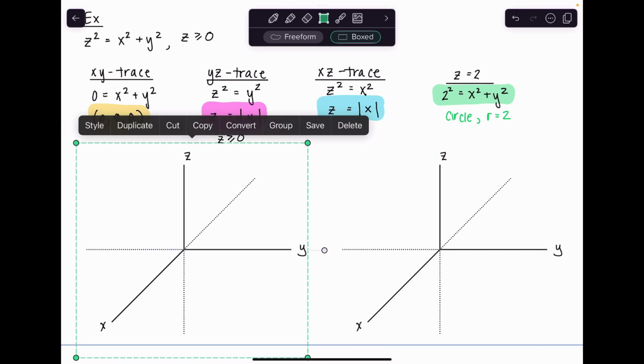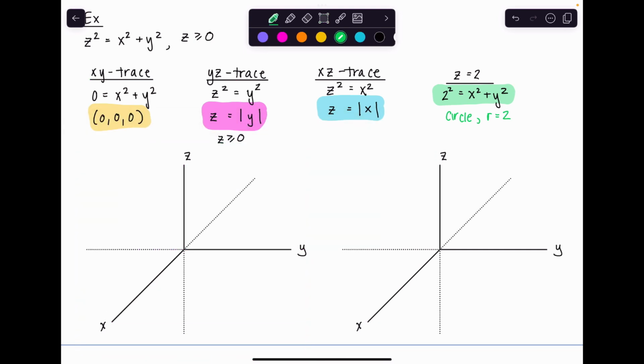Okay. So we've got circles. We can go ahead and give us some marks to kind of see. Specifically, just because I'm letting z equal 2, I'm going to go up to 2 here. And then the others we'll just do our best. So the first one was useless to us. It was the point through the origin.